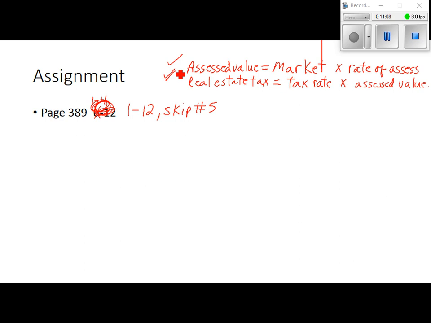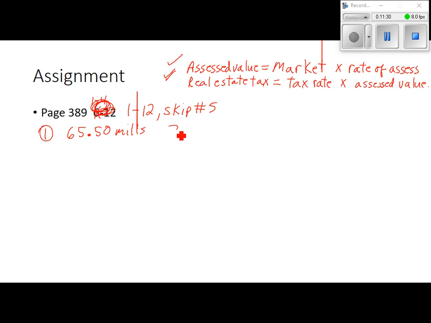The tax rate from problems 1 through 3 is 65.50 mills.